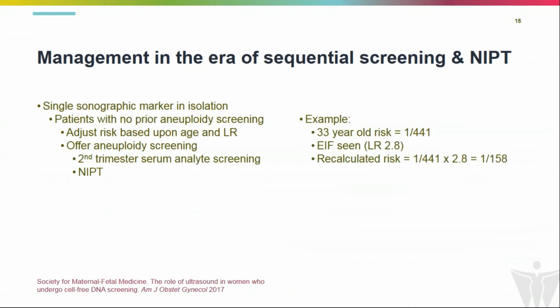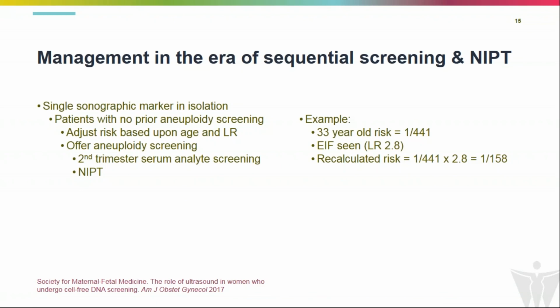So let's take the clinical scenario of when you see a single sonographic marker for aneuploidy in isolation, and the patient has no prior aneuploidy screening, which is relatively common in our patient population. One option is to adjust the risk based upon the presented likelihood ratios that I've reviewed. For example, a mom who is 33 years old will have an age-associated risk of 1 in 441.